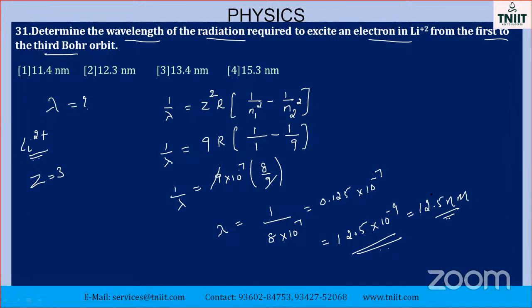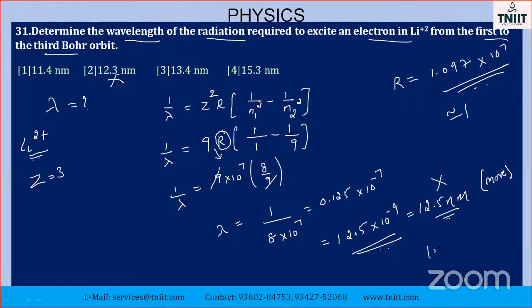Our answer can't be 12.5. So this is not possible because the Rydberg constant value is 1.097 into 10 power 7, but I've taken 10 power 7. I've assumed this close to 1, so I've taken less value. If I take the value of less R, I will get more value. So I'm going to get more value actually.